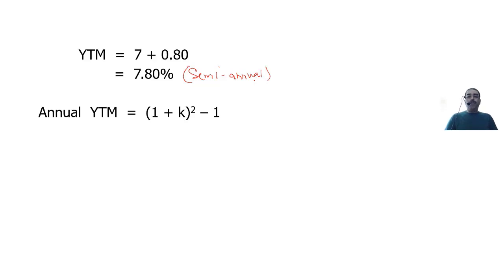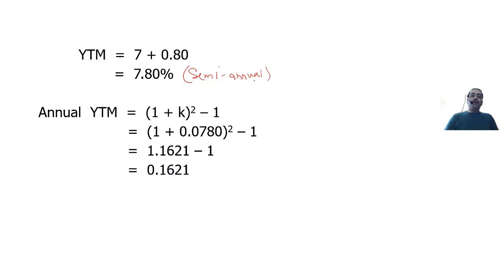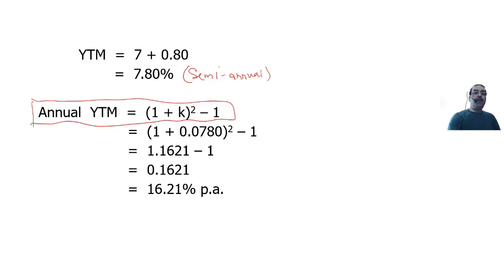K is what? 0.0780. Solve this. You get 1.1621 minus 1. That is 16.21% per annum. Formula is important. Calculation of annual YTM formula. Semi-annual to annual.